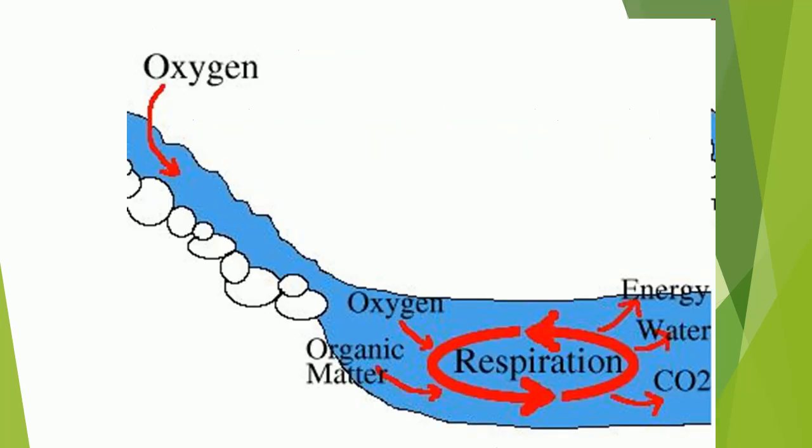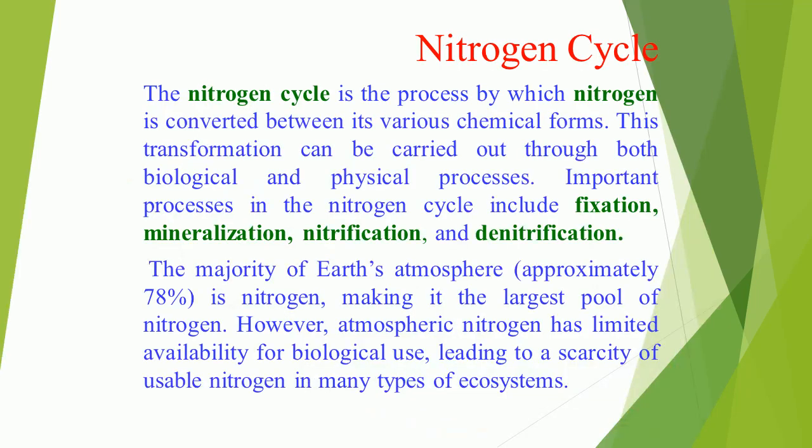Oxygen cycle. The nitrogen cycle is the process by which nitrogen is converted between its various chemical forms. This transformation can be carried out through both biological and physical processes. Important processes in the nitrogen cycle include fixation, mineralization, nitrification, and denitrification.